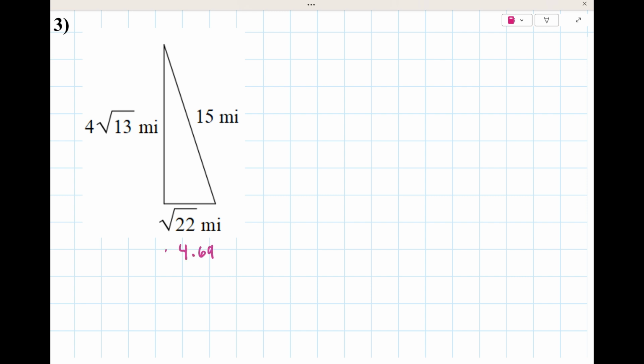The other one, I take the square root of 13 and multiply it by 4, which will be approximately that there. So that means that our longest side is the side that has a length of 15. So that would be your c.